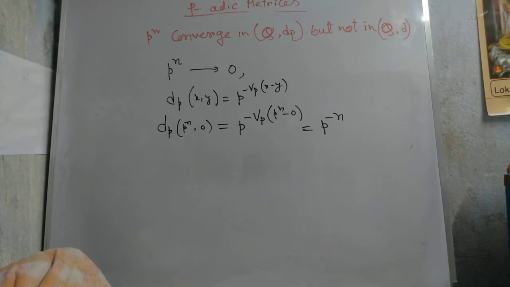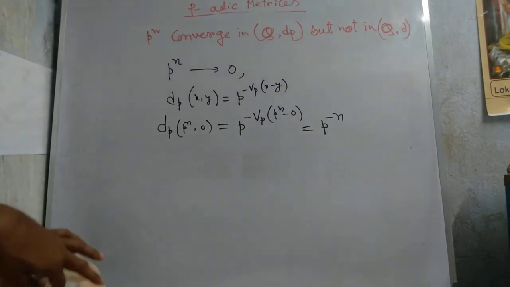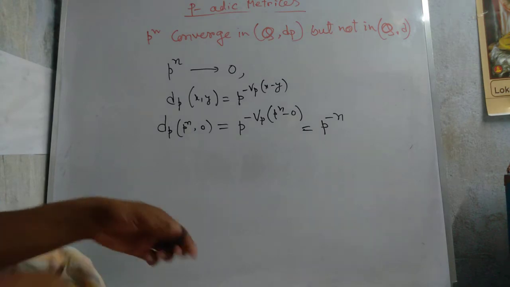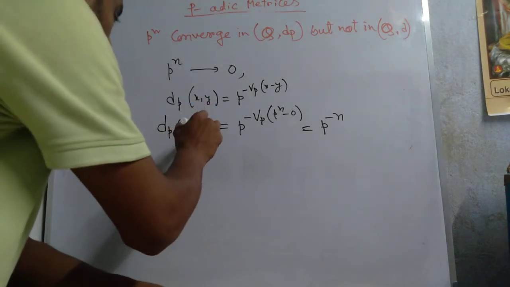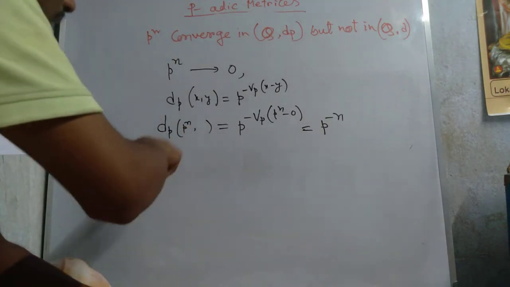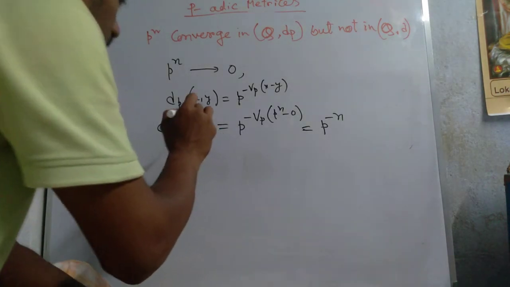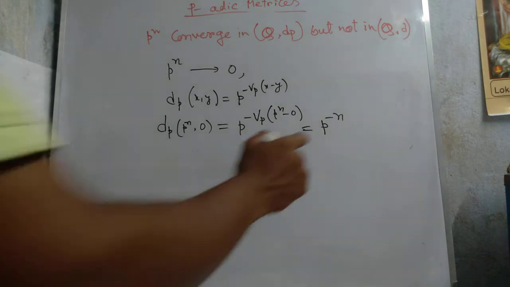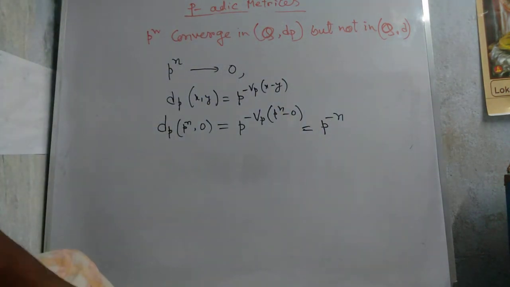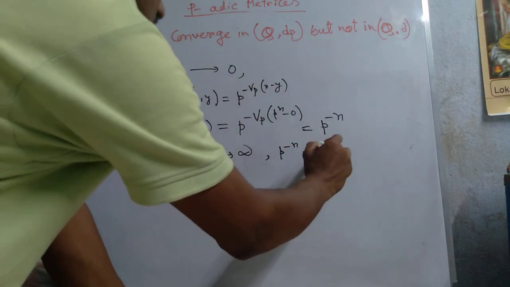If we take epsilon, then for n tending to infinity, p to the power minus n tends to 0.